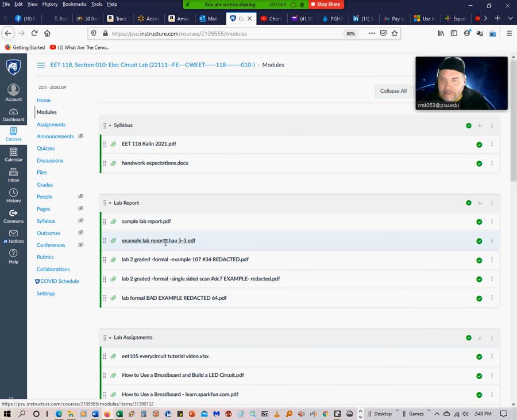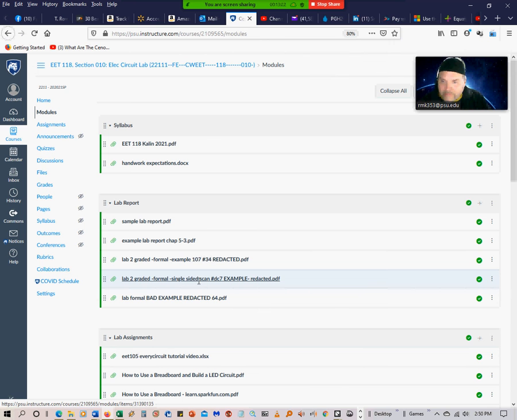I also have an example lab that I did, a series circuit lab that was done back in EET105. I also have a graded example of a formal lab. They got a really high score here. This is a good example of how to follow the directions and get extra points.